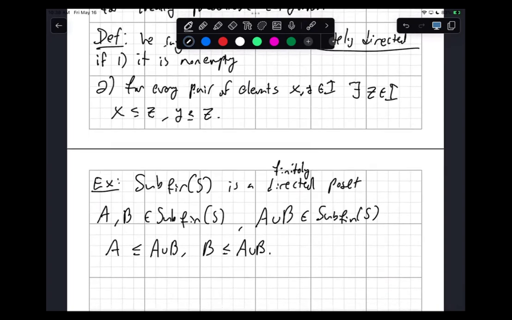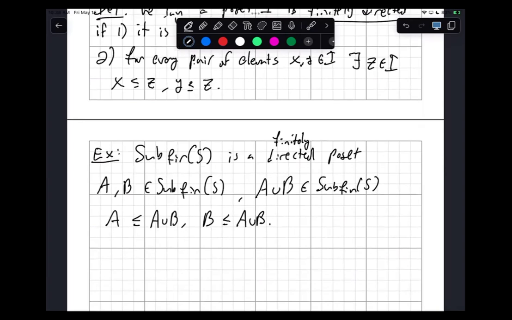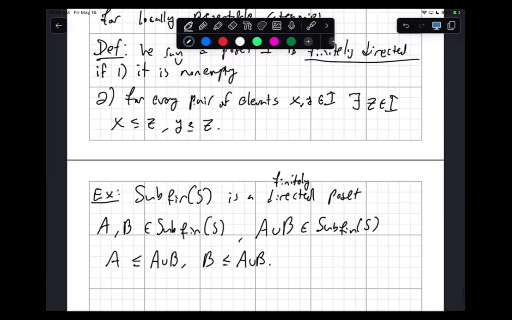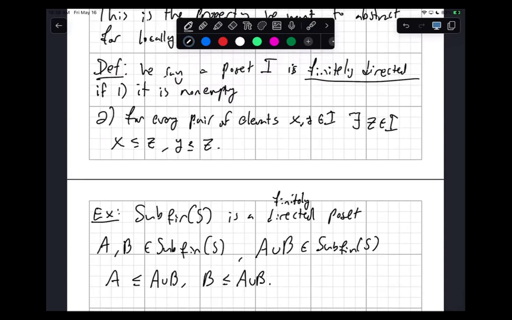All right. And then similarly, we can generalize this from finitely directed to kappa directed, which says that every kappa-small subset A of I has an upper bound.